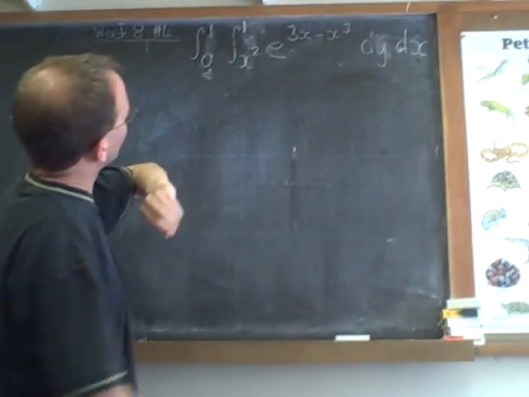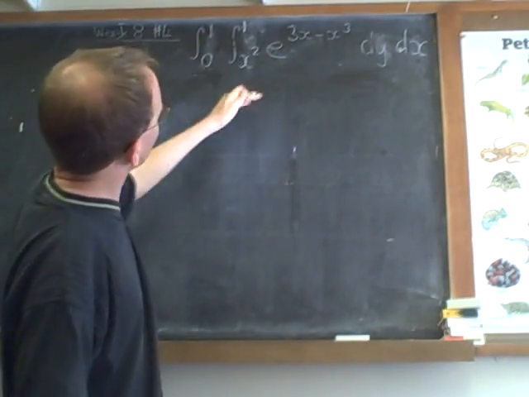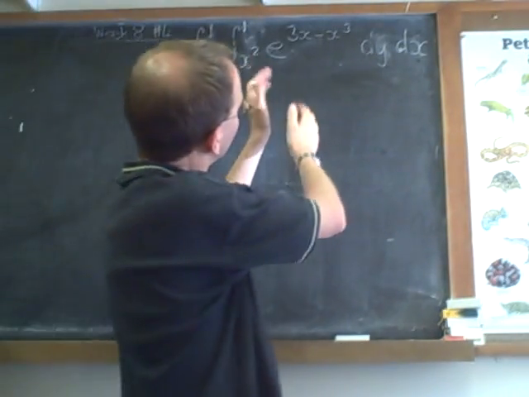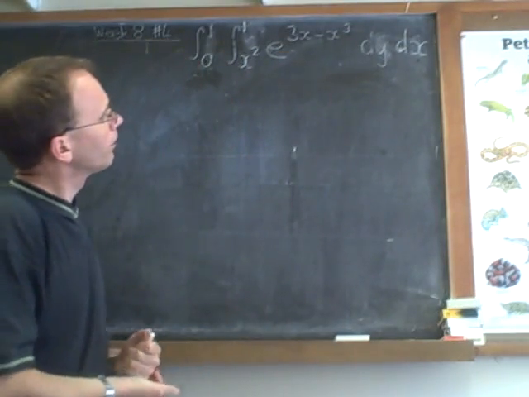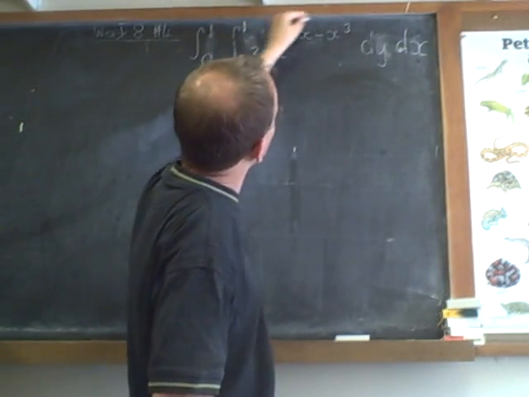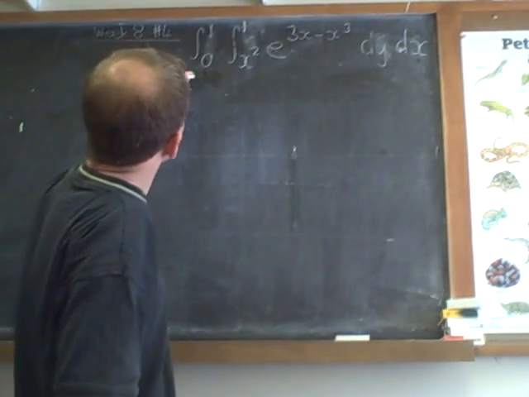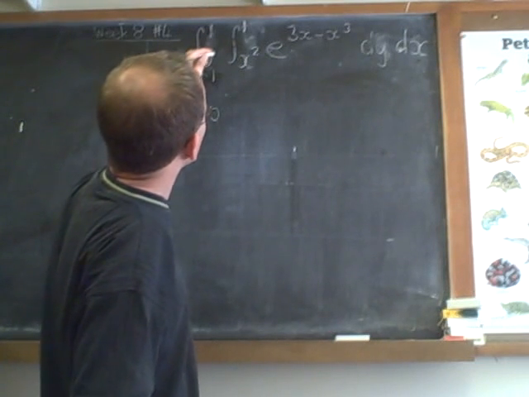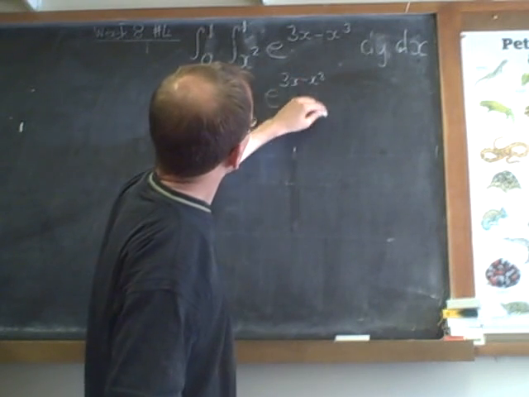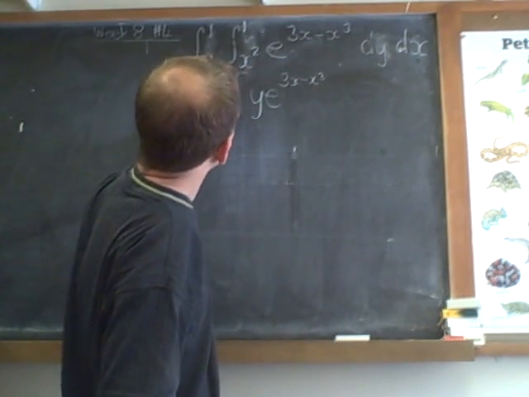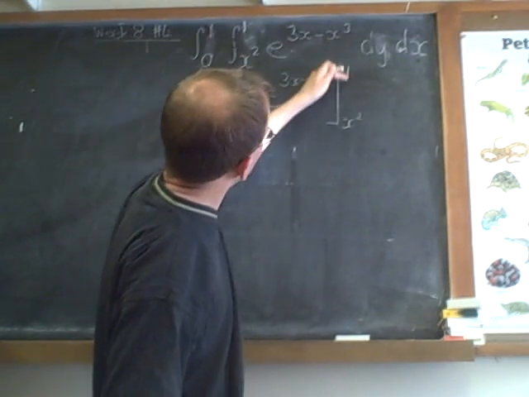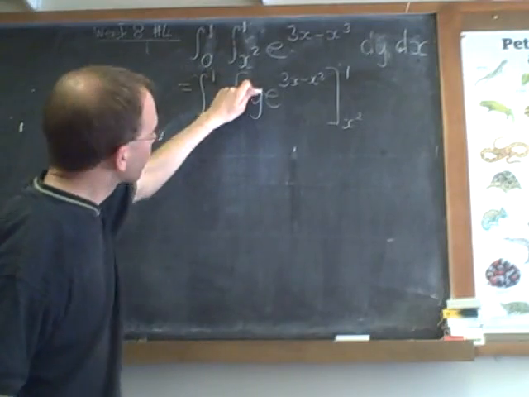Okay, well, integrating with respect to y, as I anticipated, it is trivial for this because the integrand only depends on x, so integrating that with respect to y, we just multiply by y, treating this integrand as a constant. And we've just integrated with respect to y, so these limits here are to be plugged in for y.